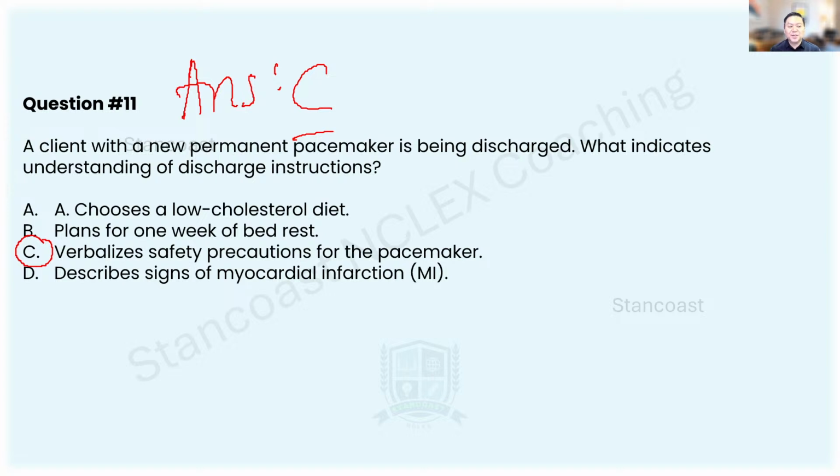If you had answered letter A, choose a low cholesterol diet, that is going to be applicable when the patient has already been taught, or let's say has already been able to exercise the precautions, right? So this would not be a high priority for this patient. Diet low in cholesterol is going to be low priority in this scenario.